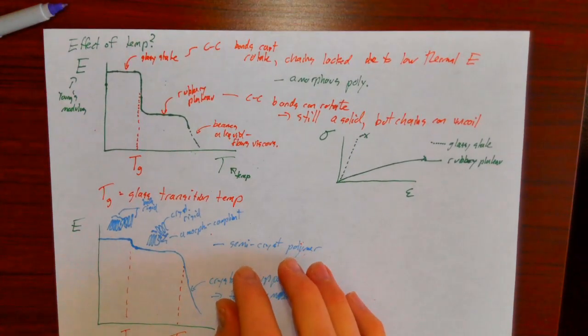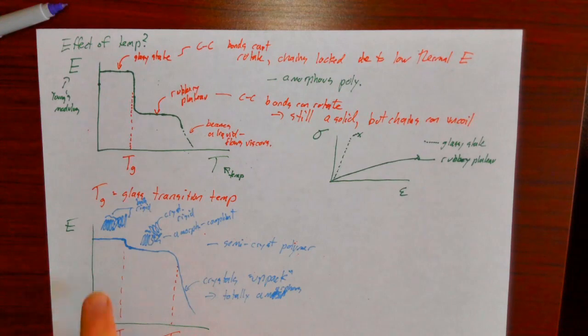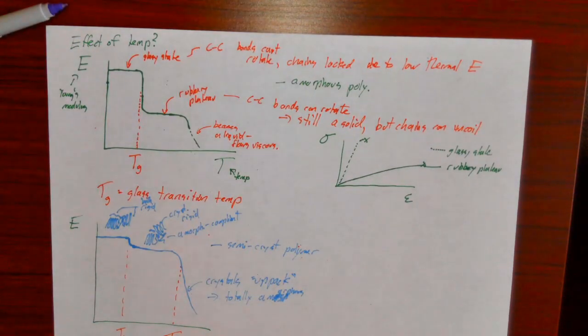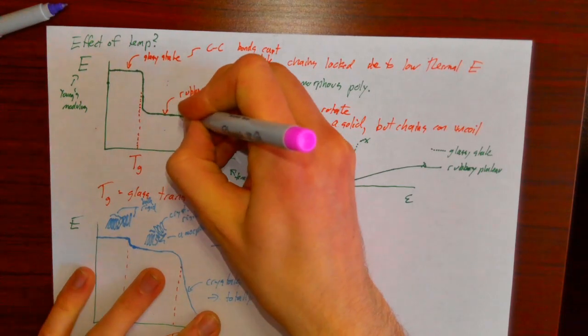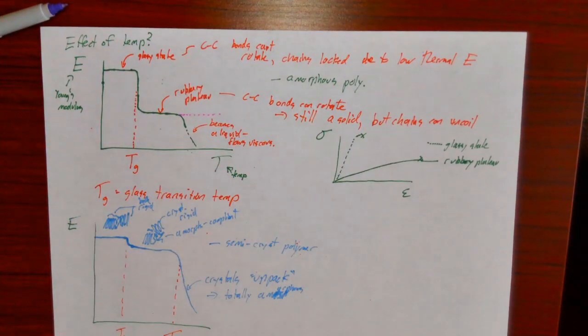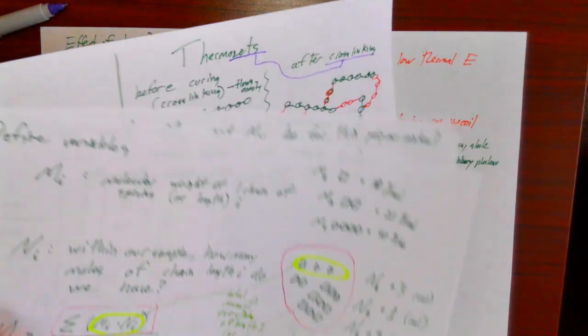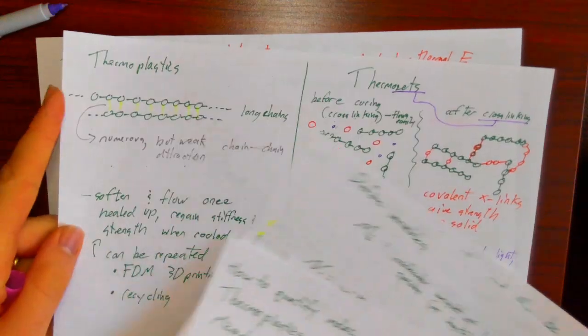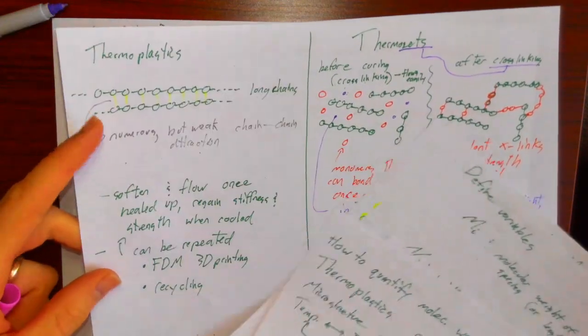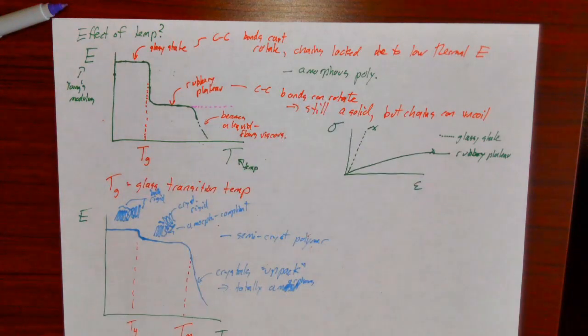If you were to take an amorphous polymer and cross-link it, it turns out you don't observe this phenomenon right here, and essentially a cross-linked thermoplastic, in a sense, would be kind of like a thermoset, right? If we took a thermoplastic and heavily cross-linked it, it would behave similarly to a thermoset.